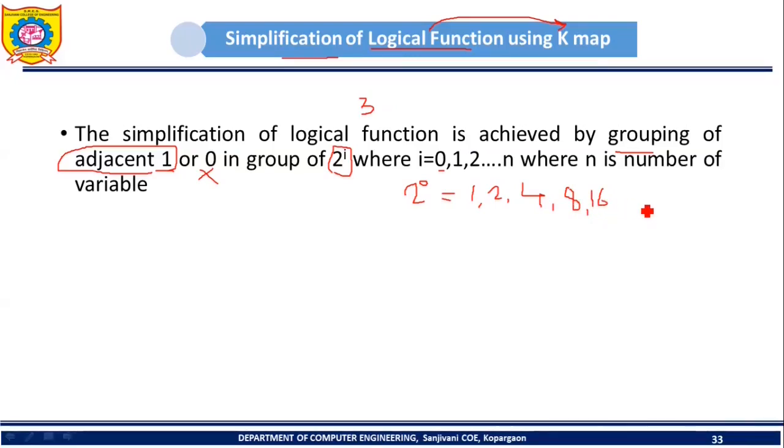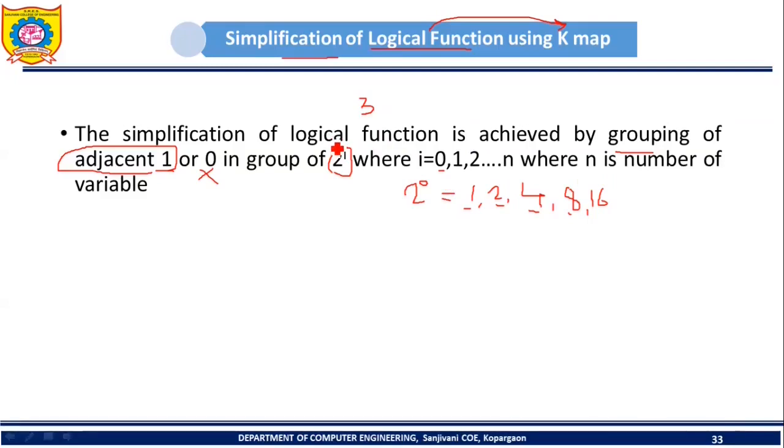Is it clear? Now we are going to discuss how to make these groups. The only condition is that in one group you should take a single 1, or two 1s, or four 1s, or eight 1s. In general, in one group you can take 2 raised to i 1s, where i will vary from 0 to n, where n is the number of variables present in that particular logical function.